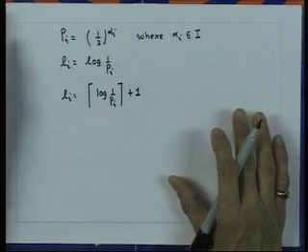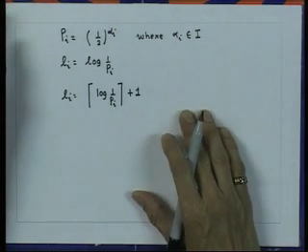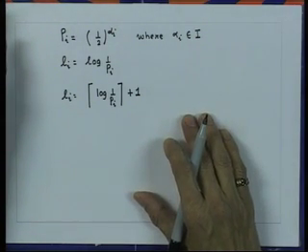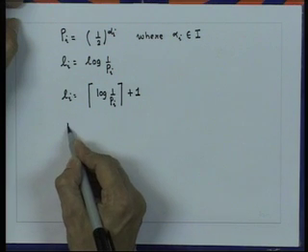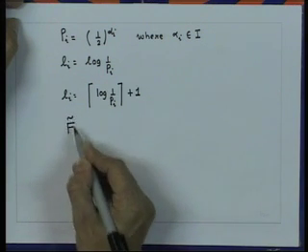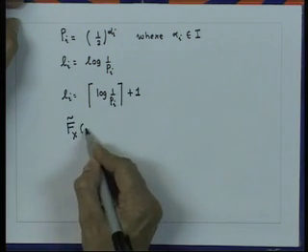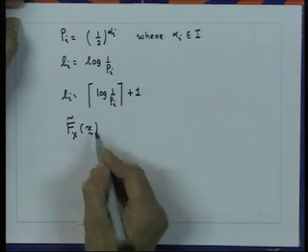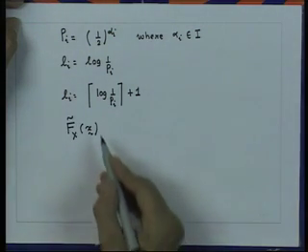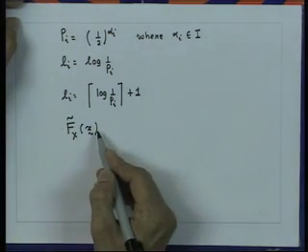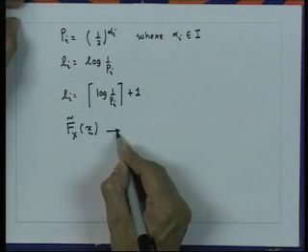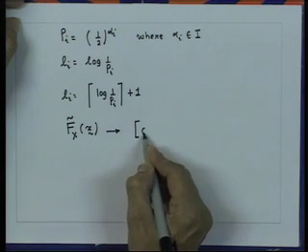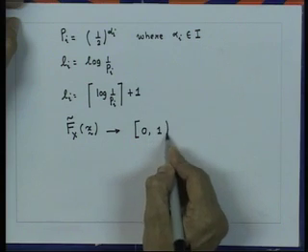Now, in arithmetic coding, each sequence is uniquely identified by the tag F tilde x. We know that this tag is a number in the interval 0 to 1.